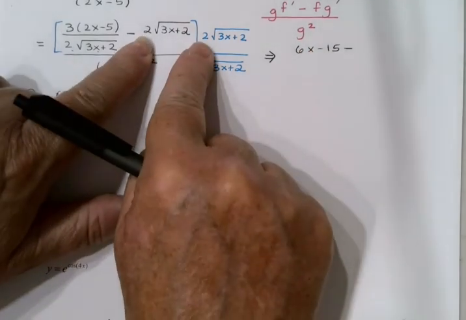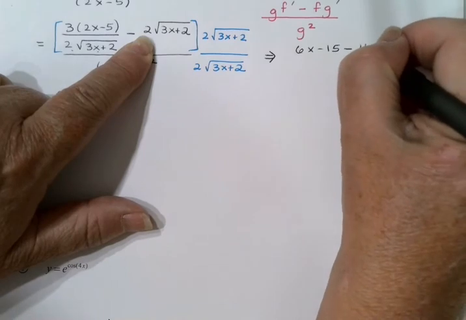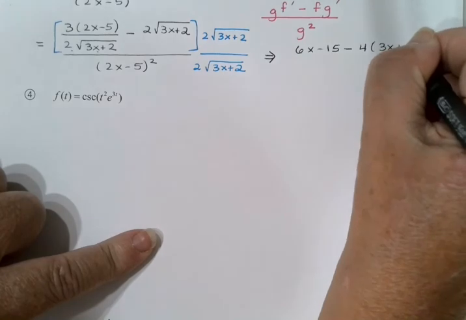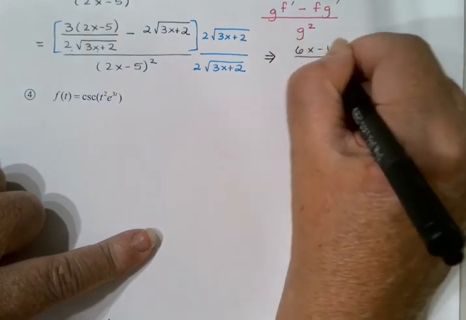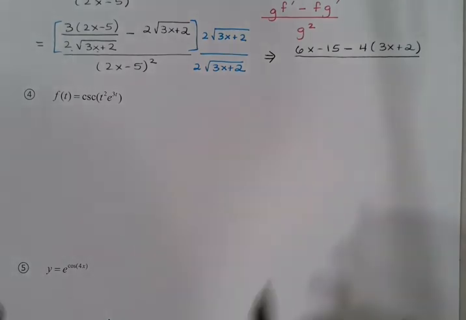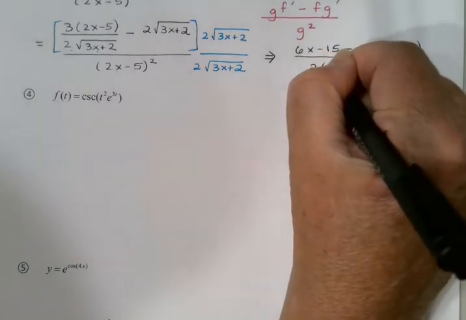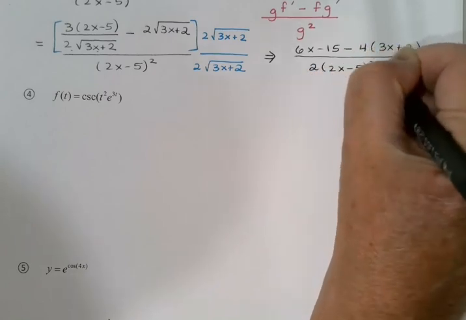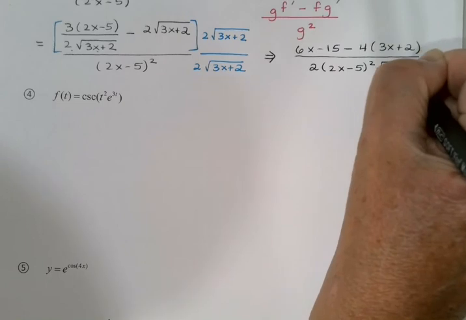Minus, here we go, 2 times 2 is 4. And when you multiply the square roots together, you get 3x plus 2. So that was pretty nice. All the radicals completely canceled out on top. In the denominator, we've got 2x minus 5 squared, square root 3x plus 2.